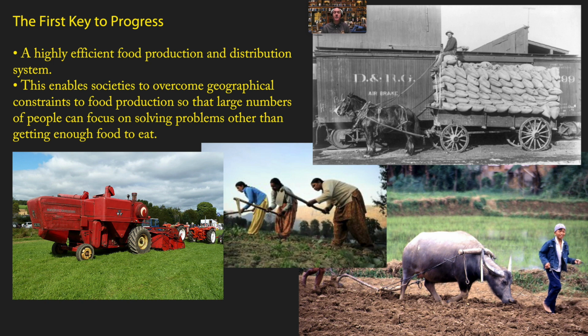Traditional societies were stuck in pretty much the same place, which is absolute poverty, for generations, centuries, and even millennia. But a few societies managed to increase food production, and this enabled them to overcome geographical constraints to food production so that large numbers of people can focus on solving problems other than getting enough food to eat.